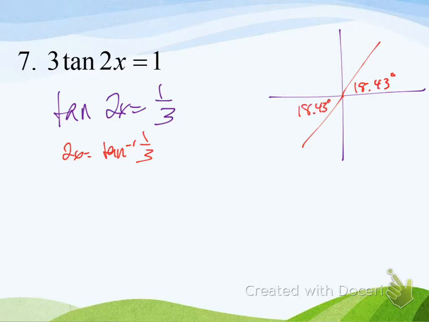So that means that 2x can be 18.43, or it can be 180 plus 18.43, or 198.43.